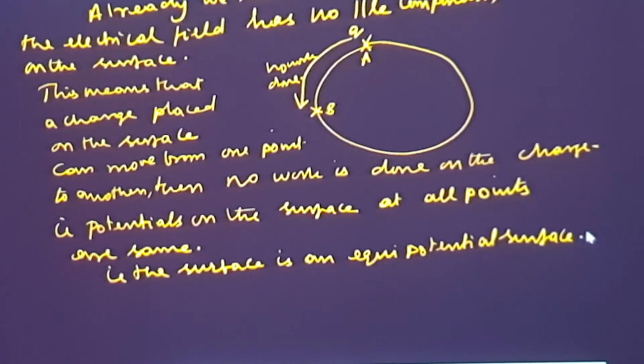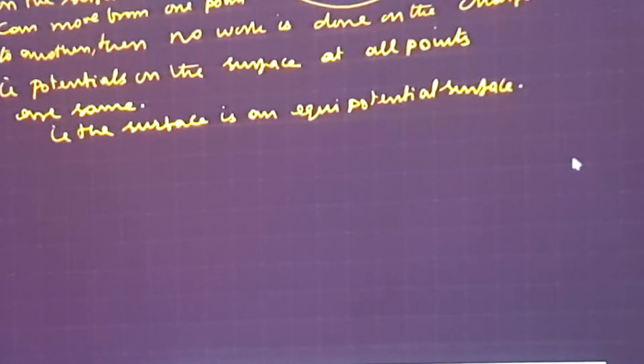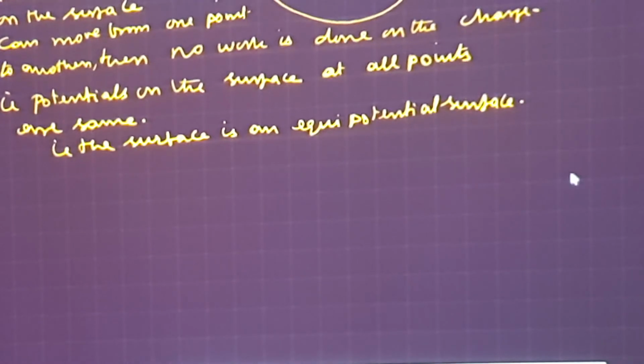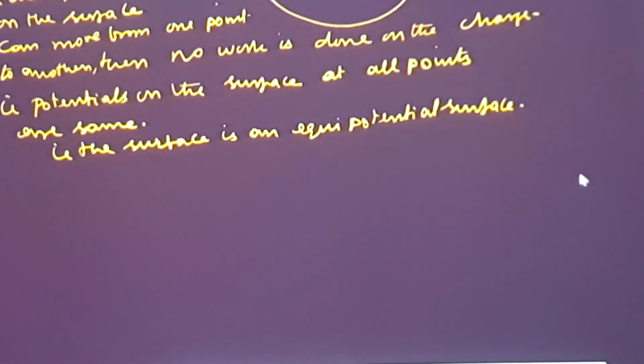So when you are considering the surface, the potentials are the same everywhere. The surface itself is acting like an equipotential surface. That was the meaning. Then what happens inside?